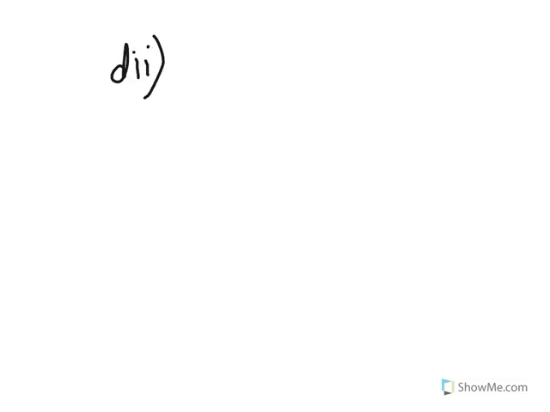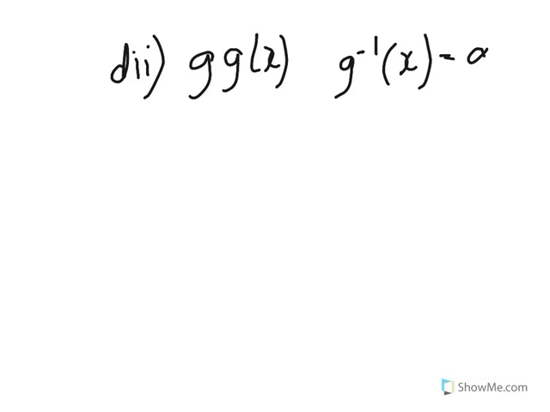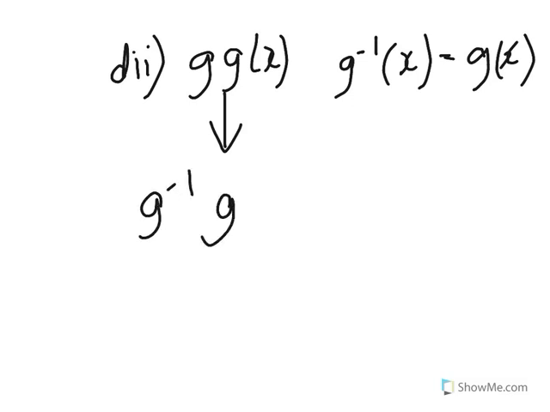Alright, so they're saying, hence write down g of g inverse of x in terms of x. From the previous question, we can understand that g inverse of x is actually equal to g of x, correct? Because we found g inverse of x and it was the same as g of x. So this can actually be written as g inverse of g of x.